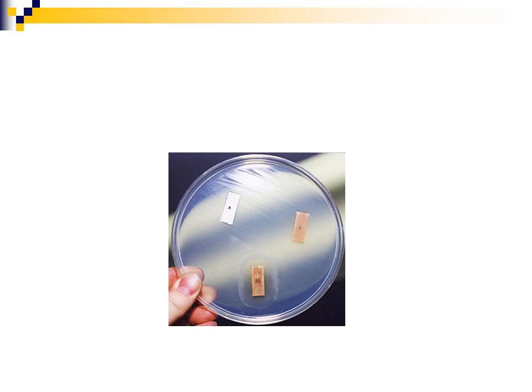If it requires V factor only, it will grow around the V factor, and it will probably grow around the X and the V because there's V there. But an organism that requires both X and V factor, like our pathogen Haemophilus influenzae, is only going to grow around the disc that has both X and V in it.